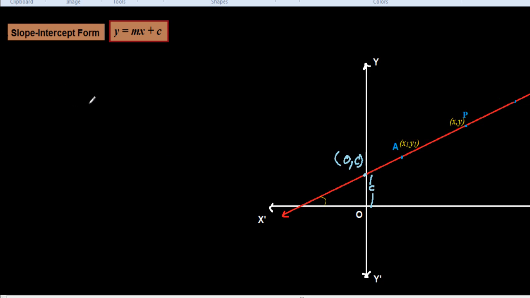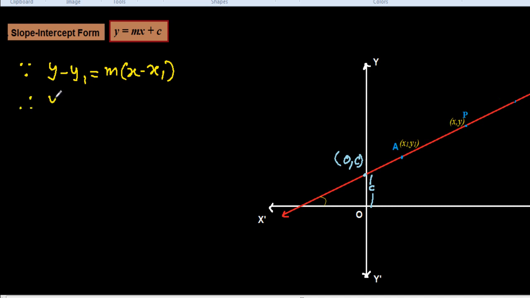We know that the point slope form is y minus y1 is equal to m into x minus x1, as we have seen earlier.